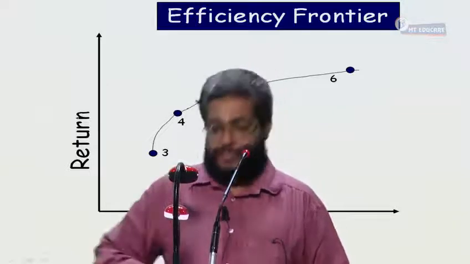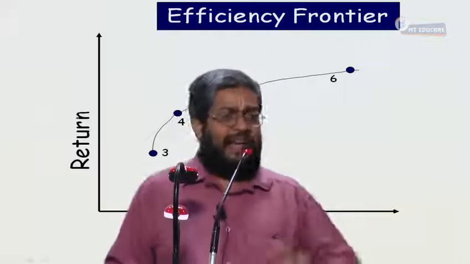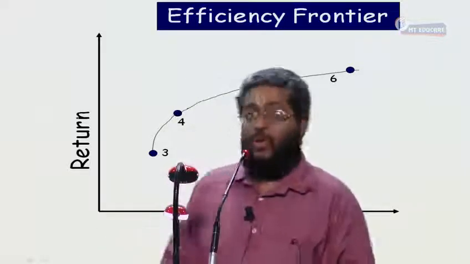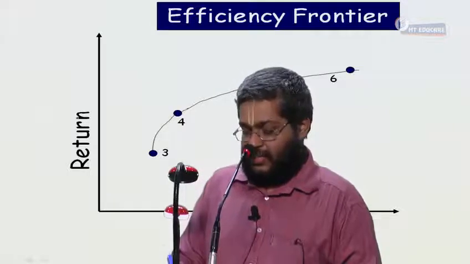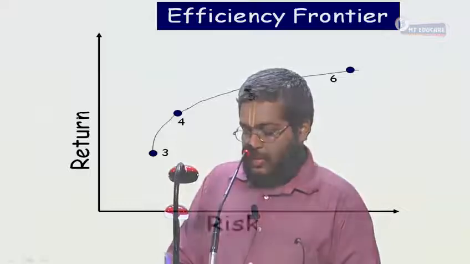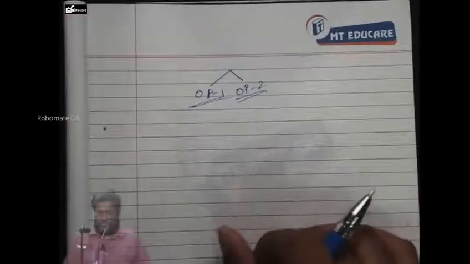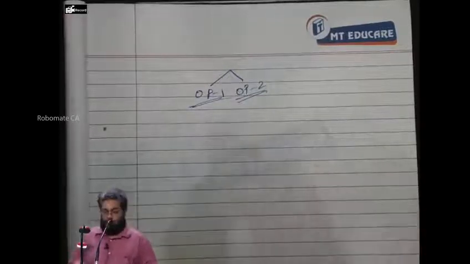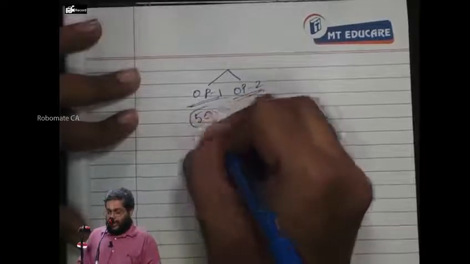Okay. Now, let us take an example. You have 2 choices, option 1 and option 2. Option 1 will give a sure return of 50 rupees.